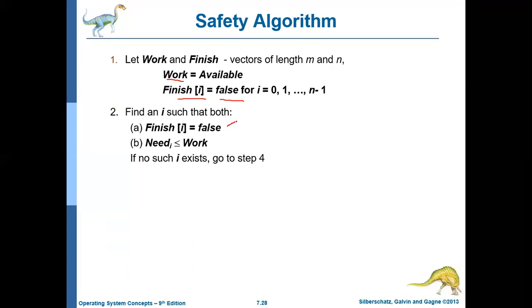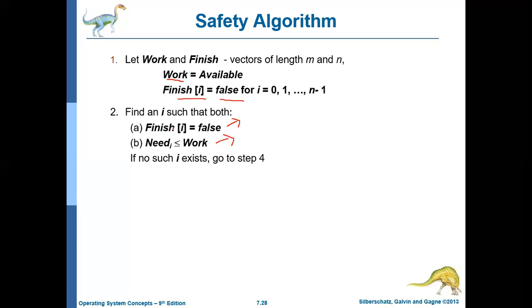Finish of i should be false, and need of i should be less than or equal to work. Work means what? Work is nothing but the currently available free resources. Because work is assigned to available, it is what the resources currently available with the operating system are.